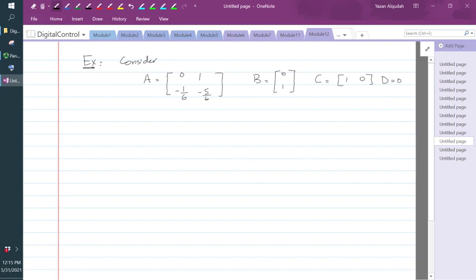And we want to calculate the state transition matrix.